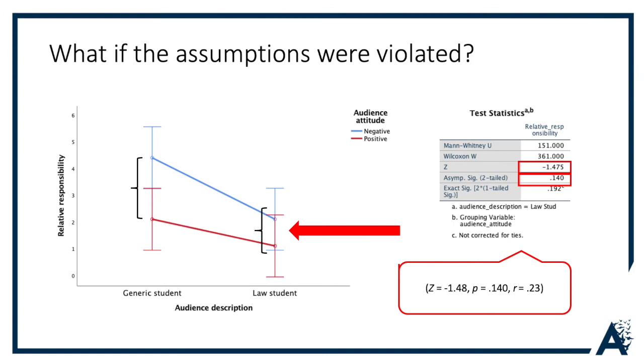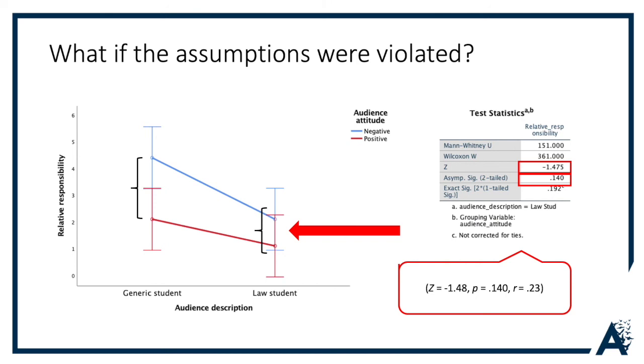So after looking at the process in SPSS, we can see that we need two tests to cover the two pairwise comparisons highlighted here. We have one for generic students, which was statistically significant, and to demonstrate the Mann-Whitney test for the law students, we can see here that it was not statistically significant.